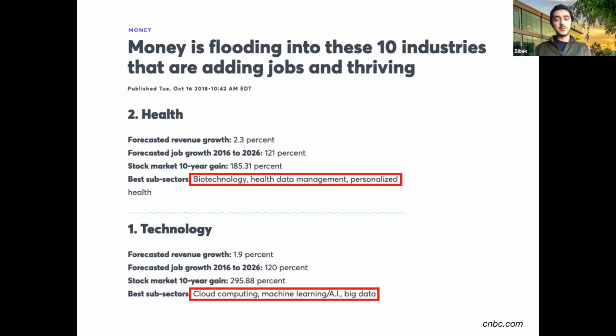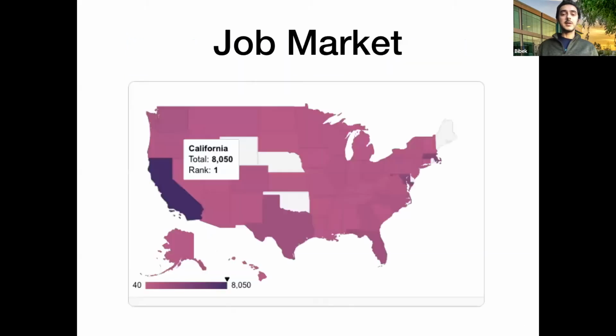For example, cloud computing, machine learning, big data, and so on. So bioinformatics is really at this very emerging and growing intersection of the two biggest thriving industries of our times.